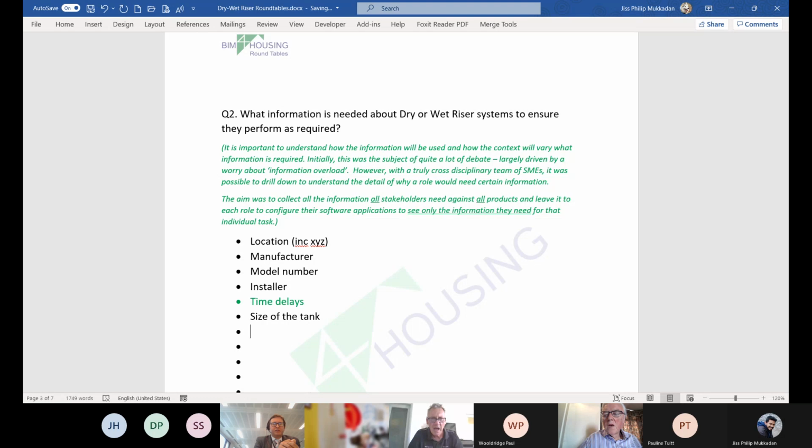So this would be duration of operation, kind of. How would we call that? Yeah, it's operational duration in fire conditions. Operational duration. We'll remember what that is, and we can spin it out further when we're writing it up.